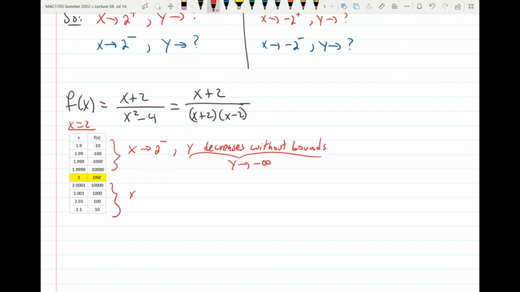Over here, when x approaches 2 from the right, looking at the values, we see that y increases without bound. We write this as y approaches positive infinity.